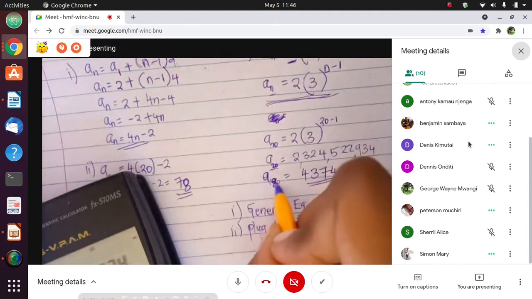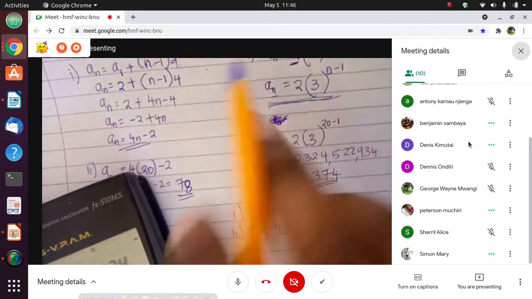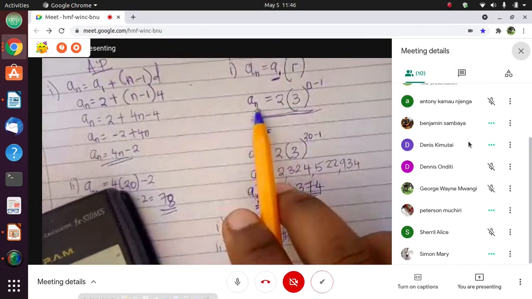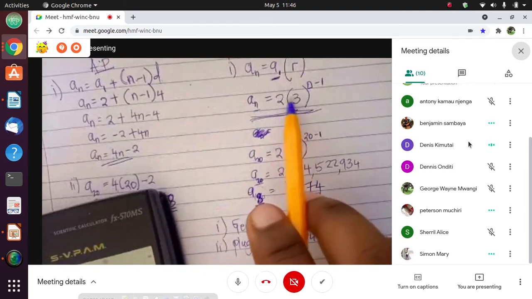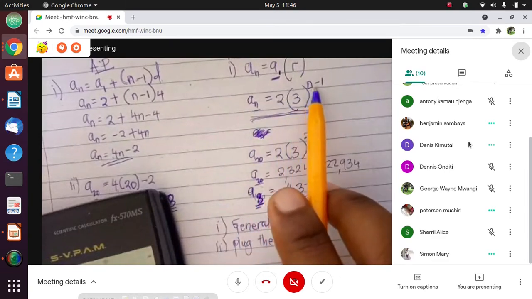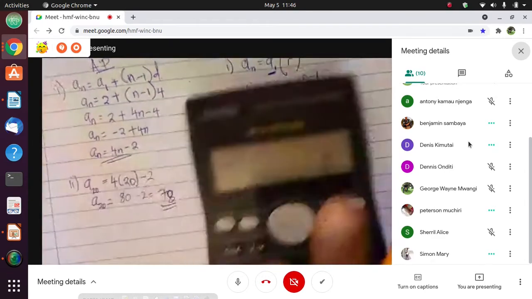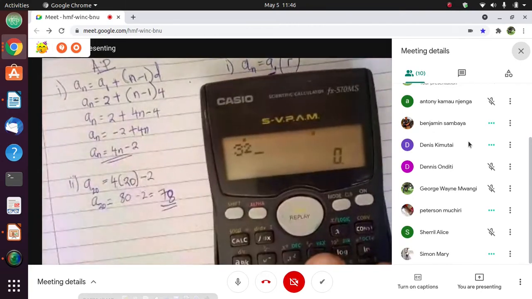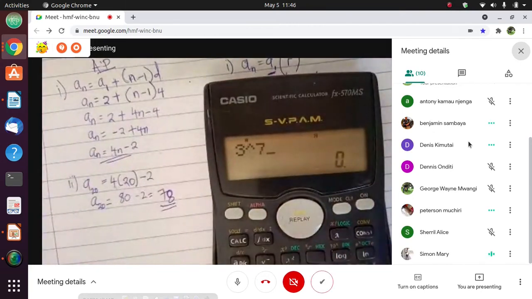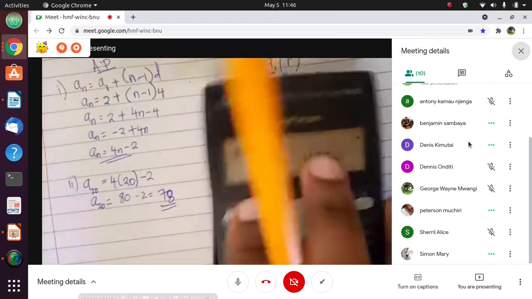We have replaced the term 8 where n is supposed to be. So plug 8 here. So 2 times 3 raised to power 8 minus 1, which is 7. So 3 raised to power 7 is 2187. We multiply by 2. That gives you that the 8th term in our sequence is 4,374.